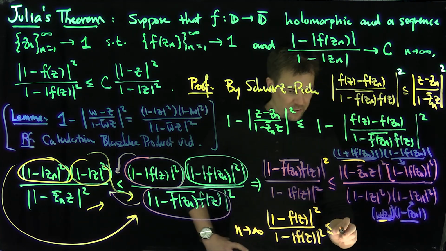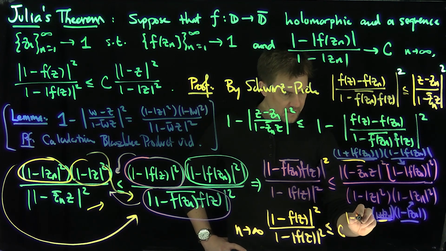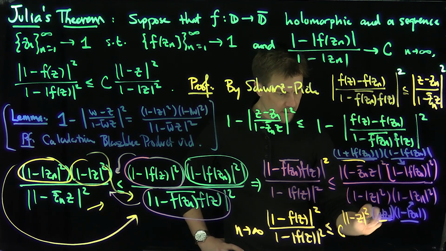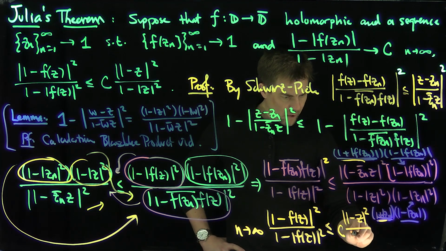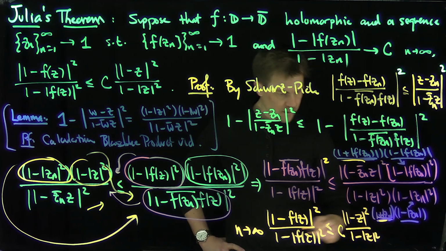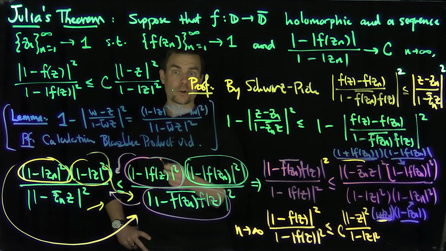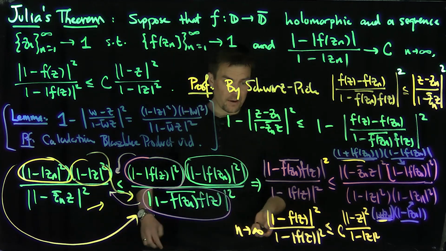That goes to c, so it's going to go to c. And then this goes to 1 minus modulus z squared over 1 minus modulus of z squared. Perfect, and that's exactly our Julia theorem result.